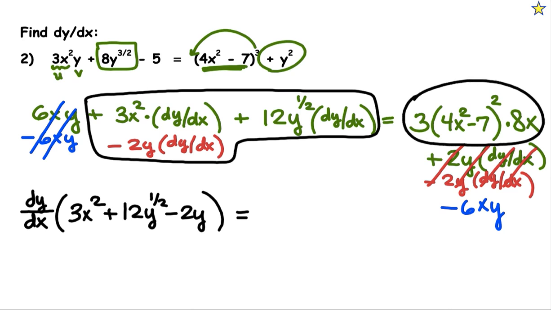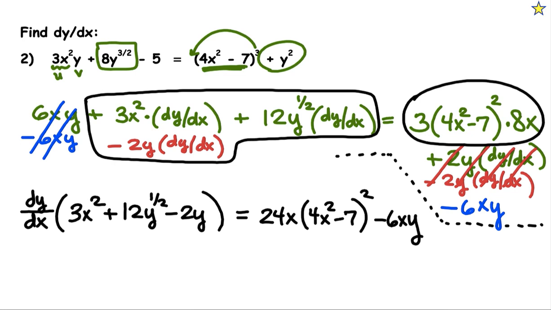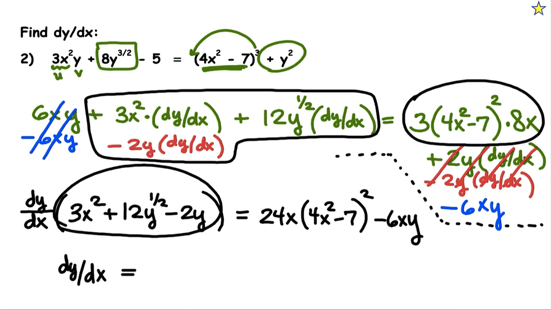So that's 24x times the quantity squared minus 6xy. All right, now all I have to do is get dy dx by itself, which means I'm just going to divide both sides by this parentheses, and here's my final answer.